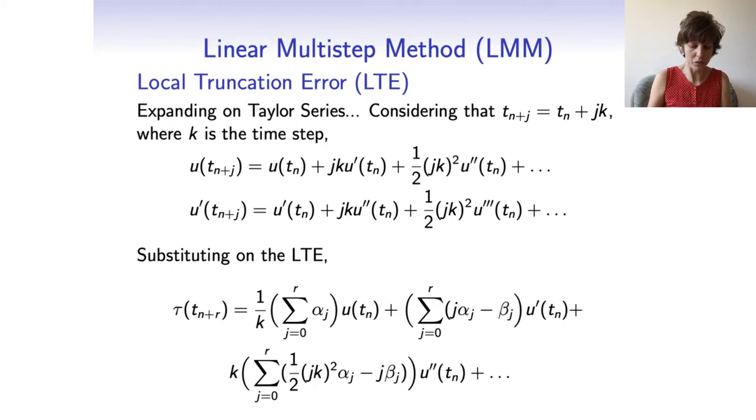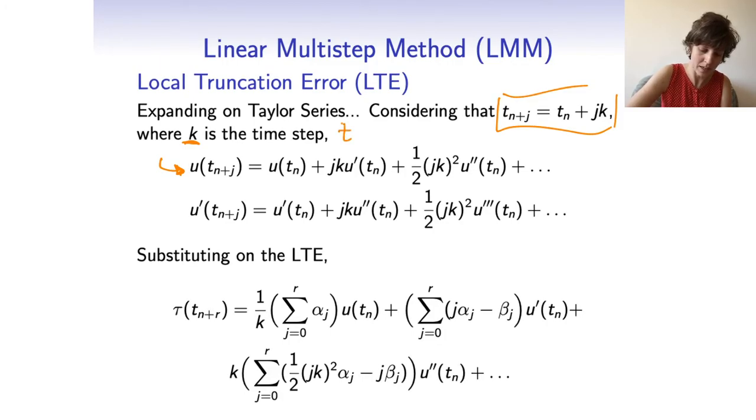First for u, considering that tn plus j is tn plus j times k, where k is the time step. So we are doing a Taylor expansion around the point tn, okay? And we do the same on the function u prime, also around tn.